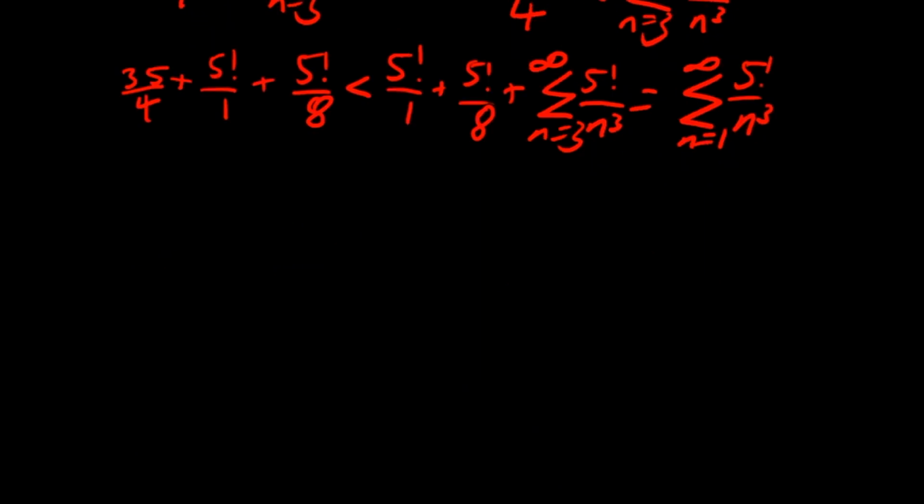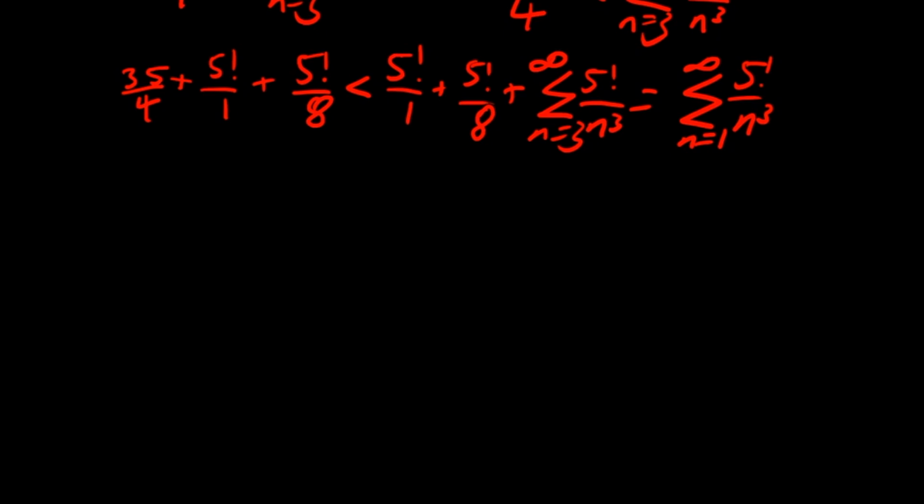What we could do is add up the left-hand side of the inequality and then divide both sides by 5 factorial. However, it might actually be easier if we divide by 5 factorial first.